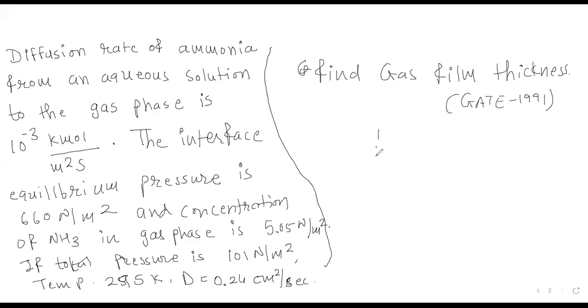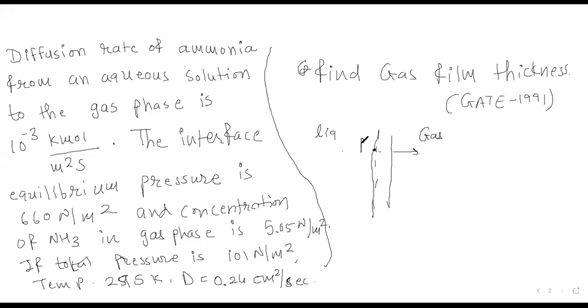So what is the picture I would like to say? Here there is an interface. Here is the liquid phase. Here is the gas phase. NH3 will transfer from the liquid phase to the gas phase. There is a film present where the interface will be.